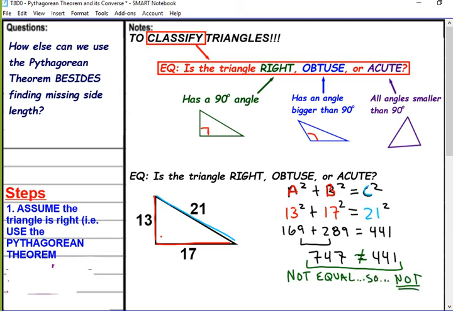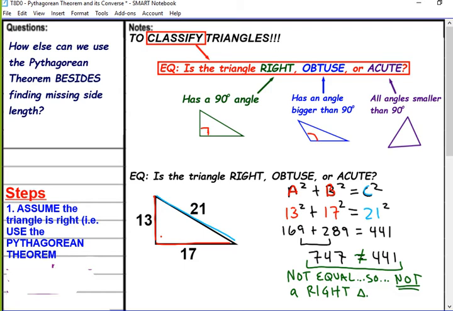If it was a right triangle, then a squared plus b squared would equal c squared. In other words, the left-hand side and the right-hand side would be the same value. But they're not. In fact, it's too small. And so we need to interpret that result.